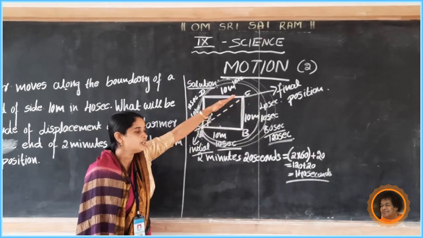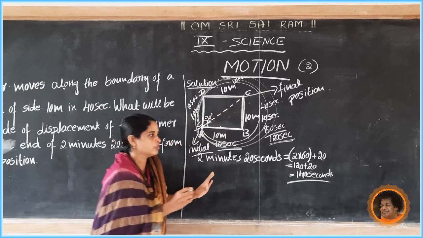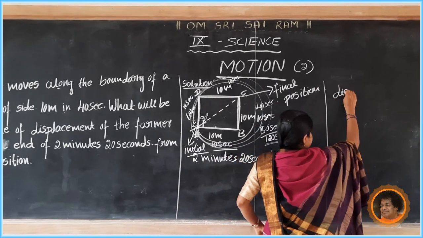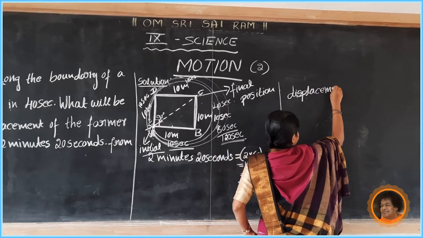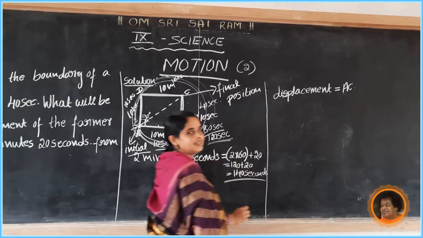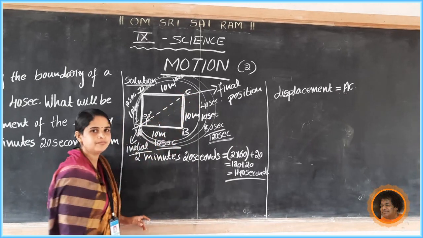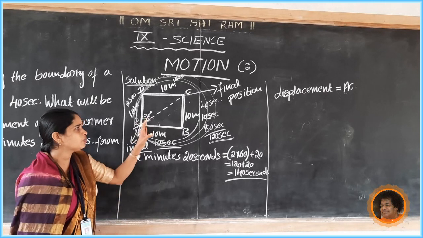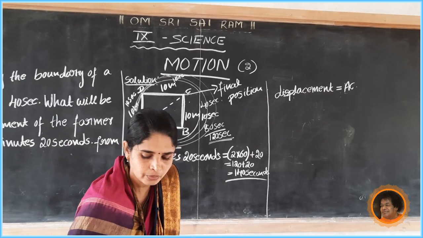AC is the shortest distance. That means it is displacement. So, displacement equals AC. Now, how to calculate this displacement? Calculate the value of AC.